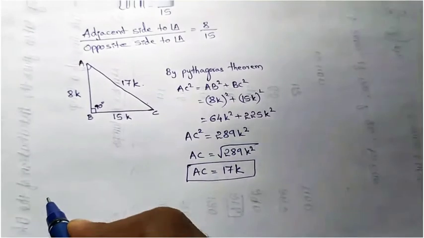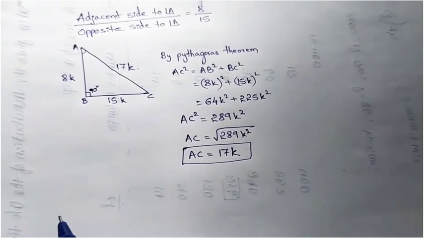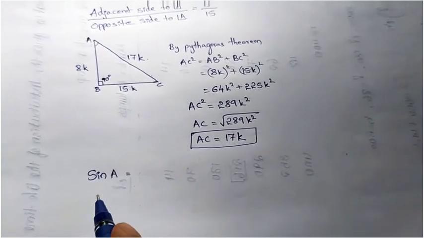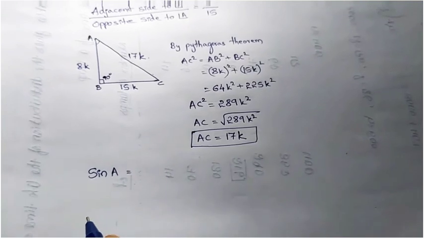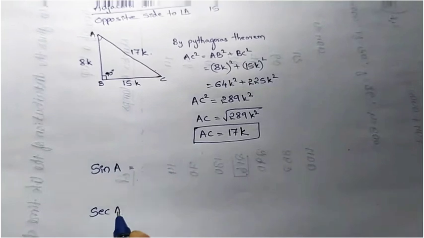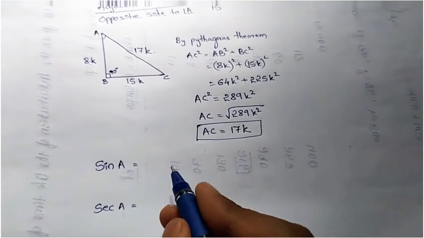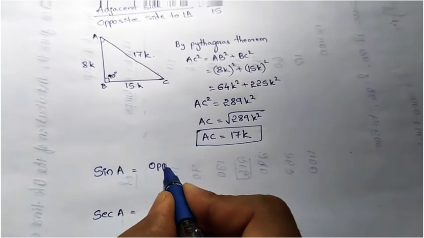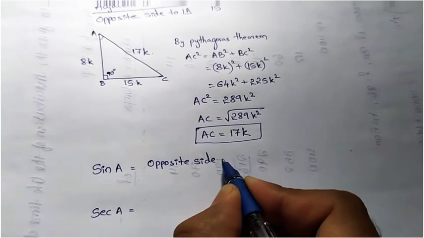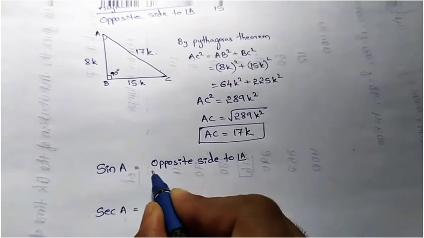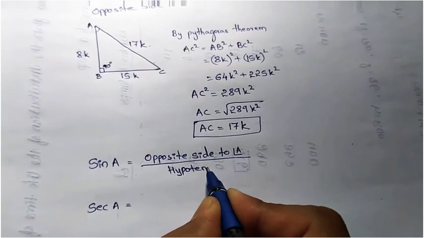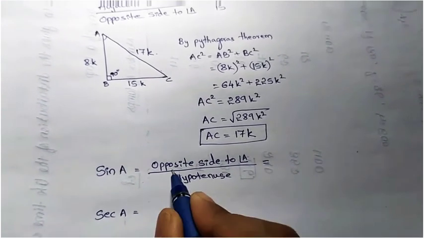So here we got 17k. What do we have to find now? We have to find sin A, and next sec A. What is sin A? Sin A is the opposite side to angle A divided by the hypotenuse.